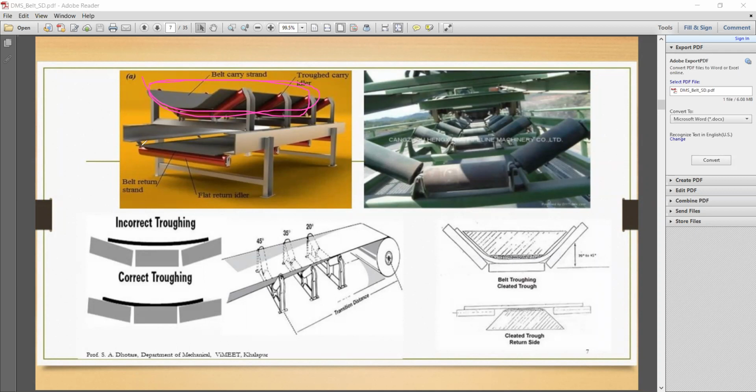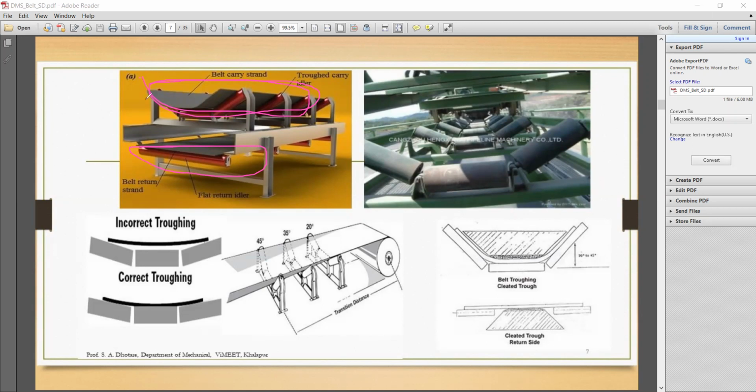But in the lower segment, if you observe, the belt is straight, so flat return idlers are used. There is no need for troughing because in the return condition there is no material to be carried and there is no load there. इसके लिए हम लोग डिज़ाइन में नॉर्मली रिटर्न आइडलर जो भी रहते हैं वो हमेशा फ्लैट आइडलर ही रहते हैं.